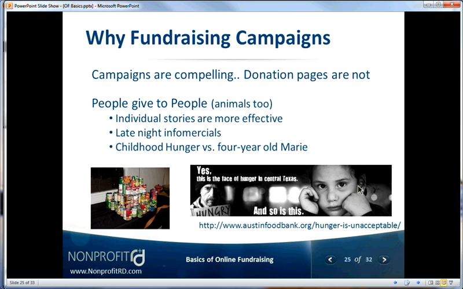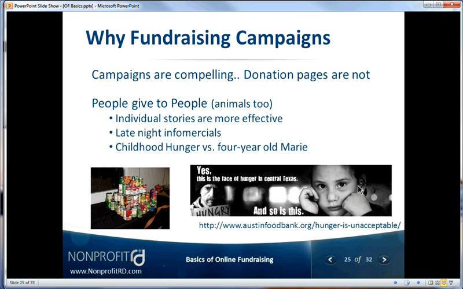So the graphic says, if you can't read it, yes, this is the face of hunger in Central Texas. So, homeless gentleman with a sign. And so is this. And it's got this picture of this young girl who, if you saw her walking down the street, you wouldn't think of her as hunger, as a need for food and all of that stuff.